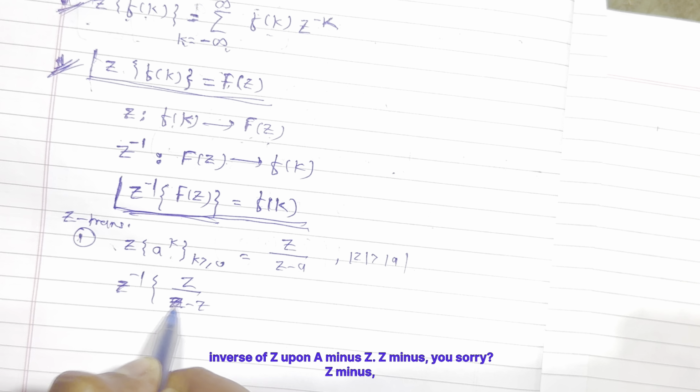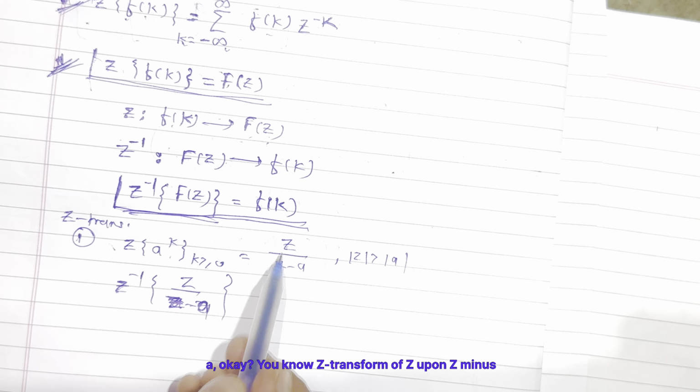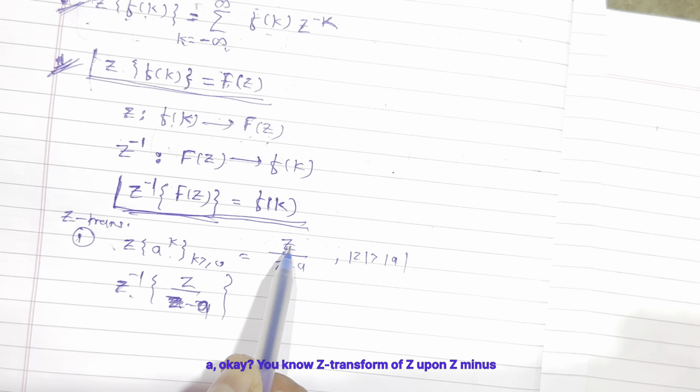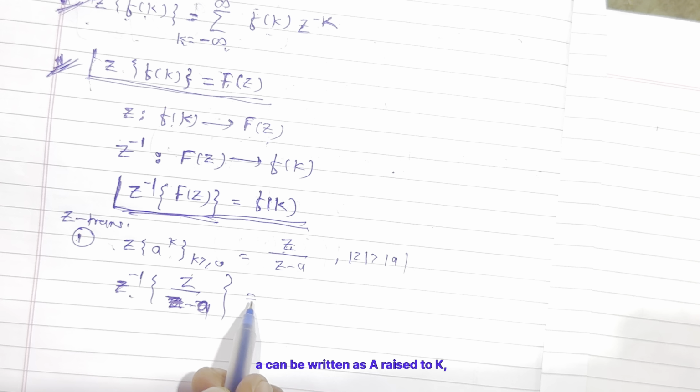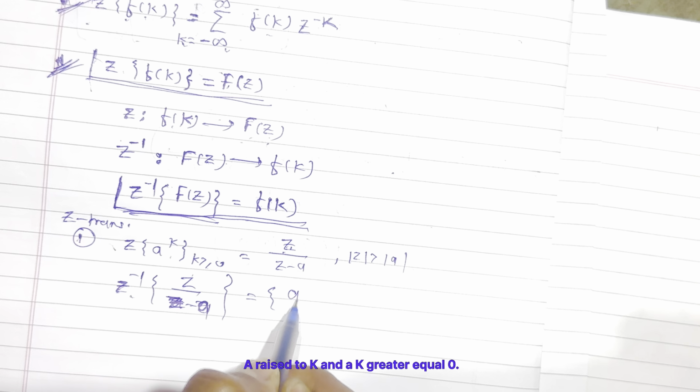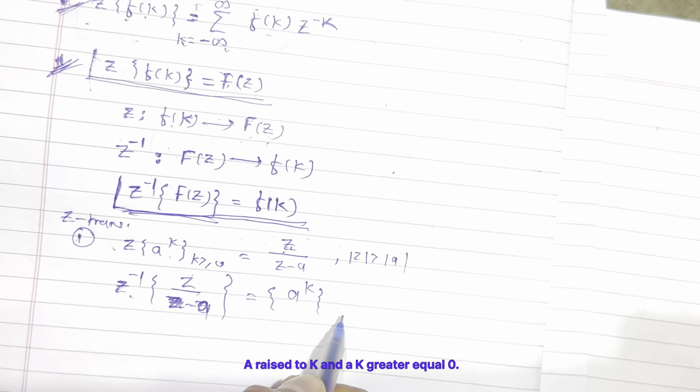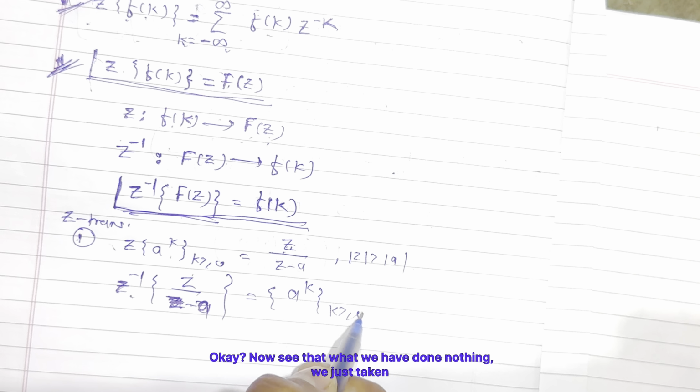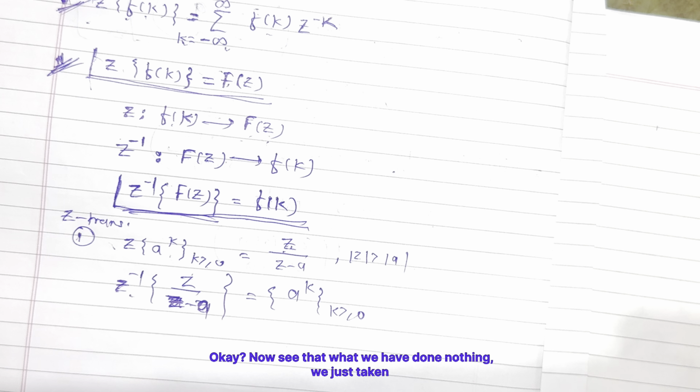The inverse Z transform of z upon z minus a can be written as a raised to k, for k greater than or equal to 0. Nothing more has been done: we just took the formulas from the Z transform and took the pre-image mapping, and that is how we got the inverse Z transform.